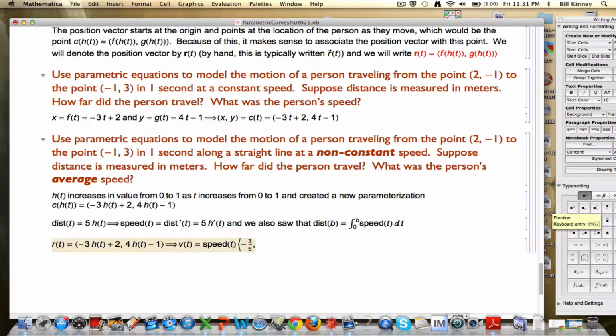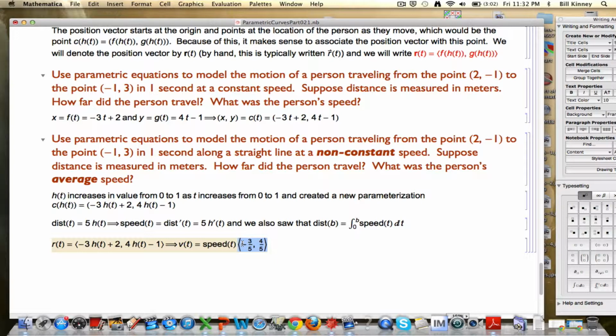Here's this vector right here. First component, negative 3/5. Second component, 4/5. The vector whose first component is negative 3 and whose second component is positive 4 is an arrow that points from the point 2, negative 1 to the point negative 1, 3. By multiplying it by 1/5, we have rescaled it to be a vector that has unit length, length 1.